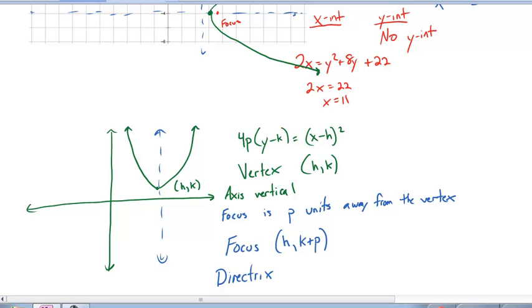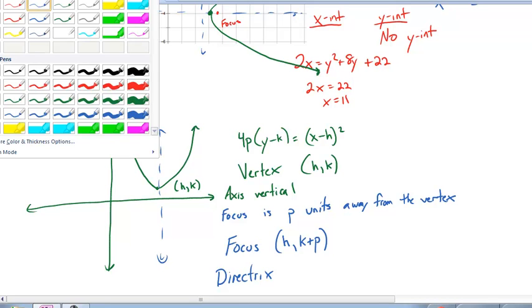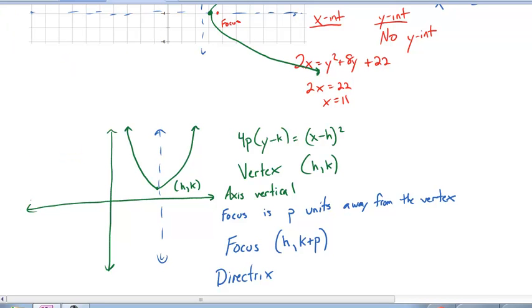And the directrix we know is a line. And that line is perpendicular to the axis, wherever it happens to be. We know it's going to be below this parabola. And its equation, therefore, because it's perpendicular to the axis, is going to be y equals something. And we know that it has to be the same distance away from the vertex as the focus is. So if the focus is k plus p, then the directrix must be at the equation y equals k minus p.